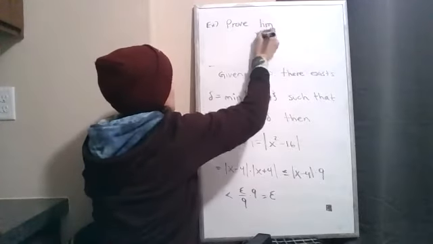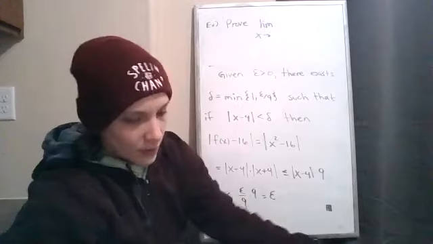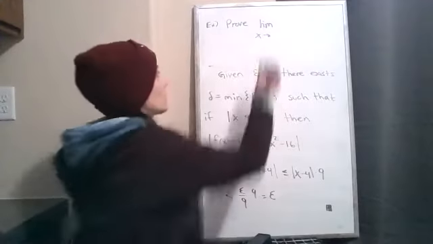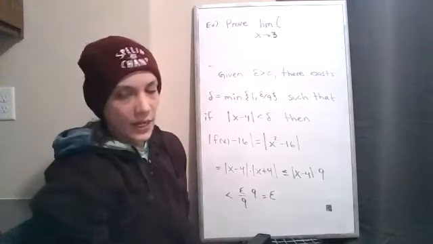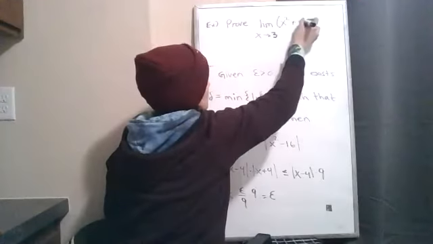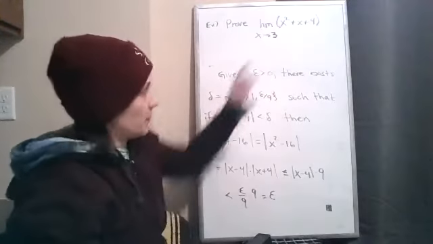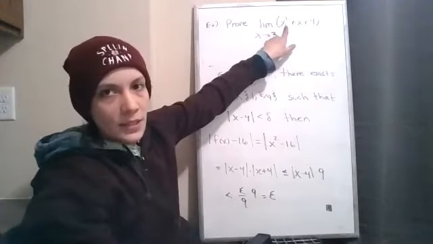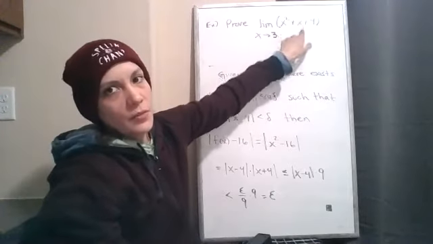Limit x goes to 3 of x squared plus x plus 4. So let's pretend x equals 3, and you put in 3 and square it to get 9, add 3 more, 10, 11, 12, 13, 14, 15, 16.